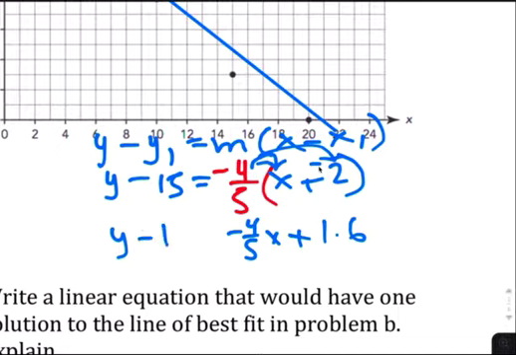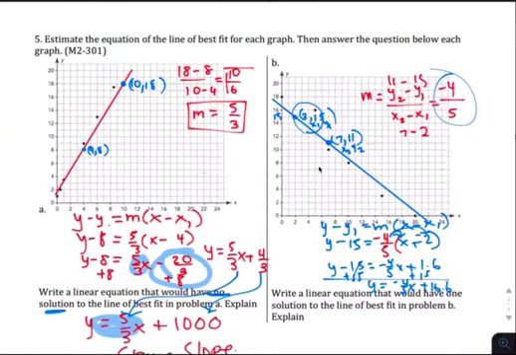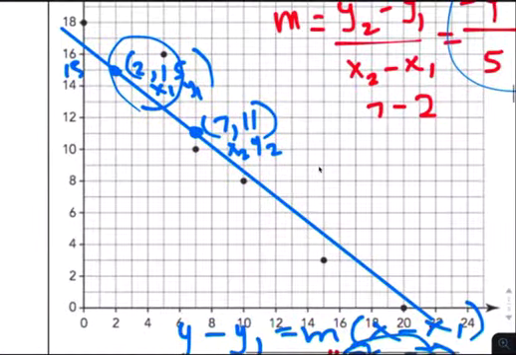Y minus 15, add 15 to both sides. Get y equals negative 4 over 5x plus 16.6. 16.6 is my y-intercept. Hey, look at that, that looks close to 16.6.